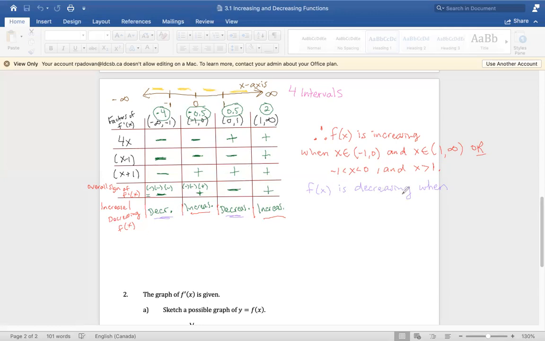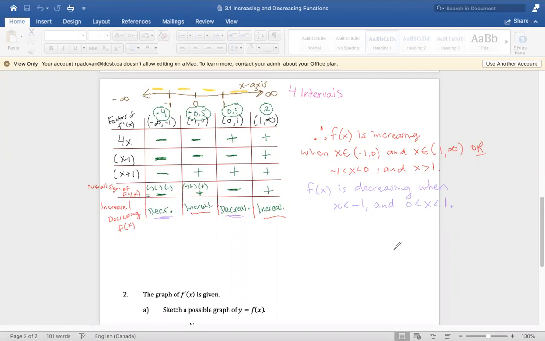So the function is decreasing when, however you want to write it out, x is less than -1, and x is between 0 and 1, not including those values. So don't put the equal to with it. Okay?